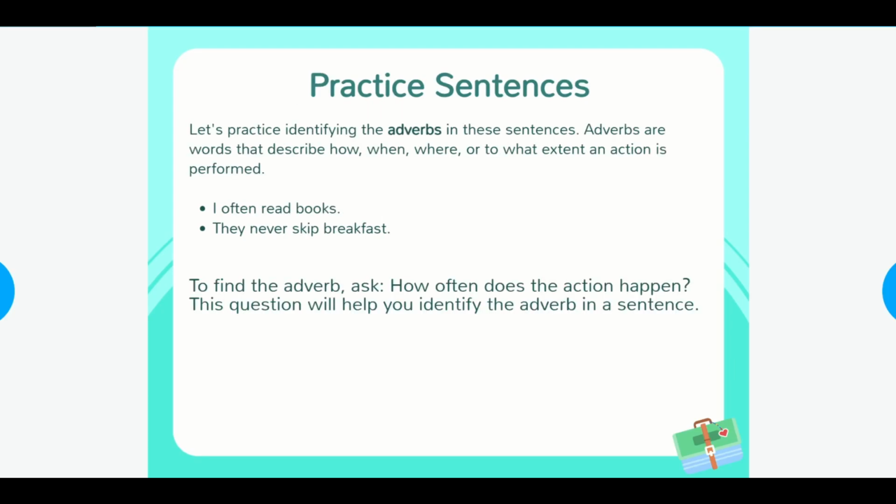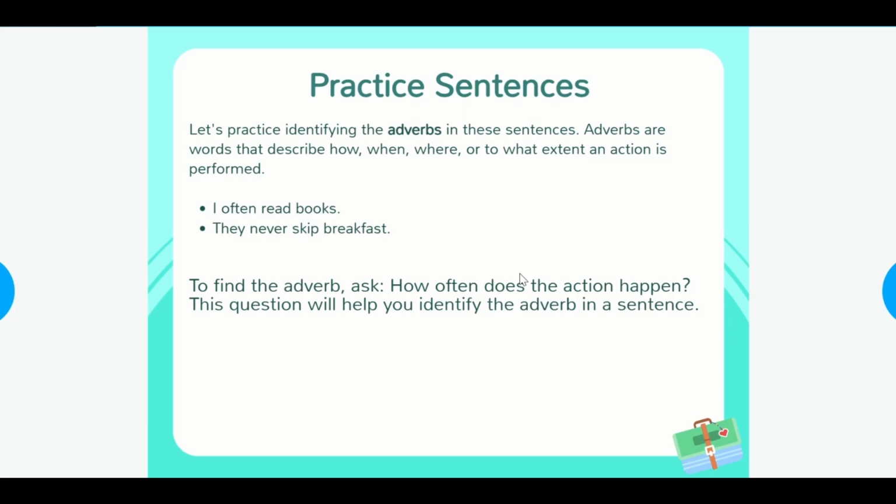So let's practice identifying these adverbs in these sentences. So we have here, I often read books. What is our adverb in this sentence? It's often. It tells us how frequently we read books, which is often. That's a little bit more than sometimes. That's a little bit more than rarely, right? I often read books.